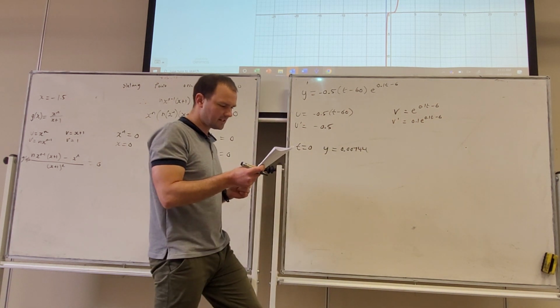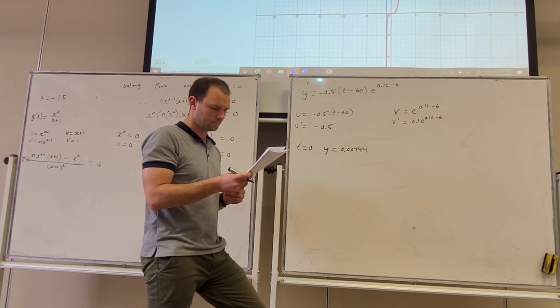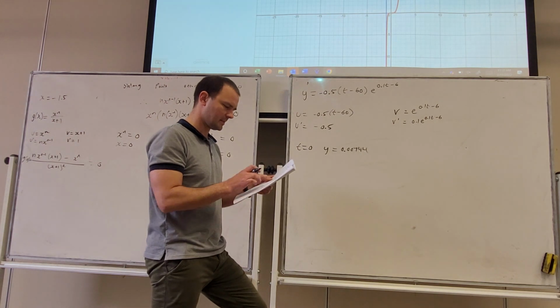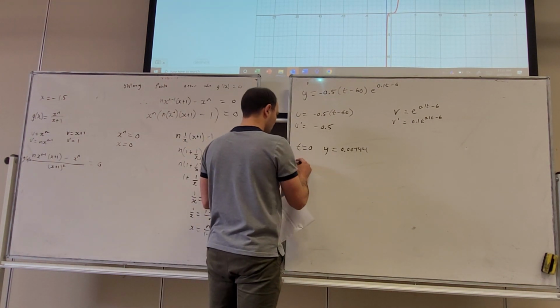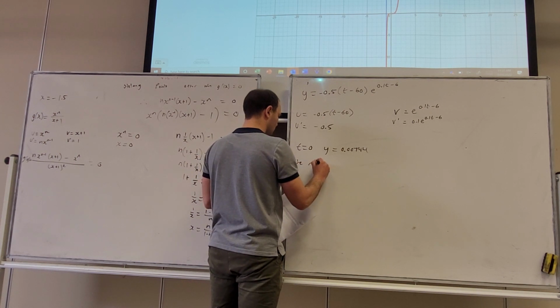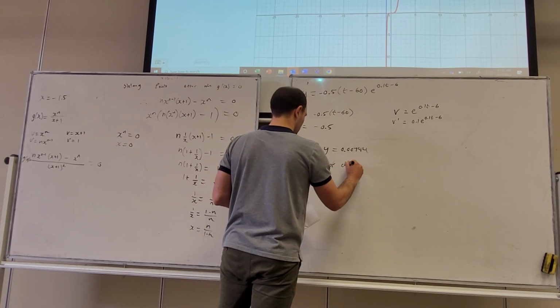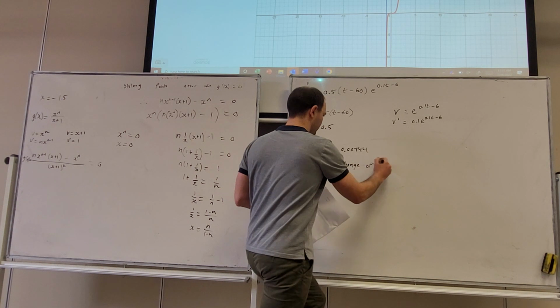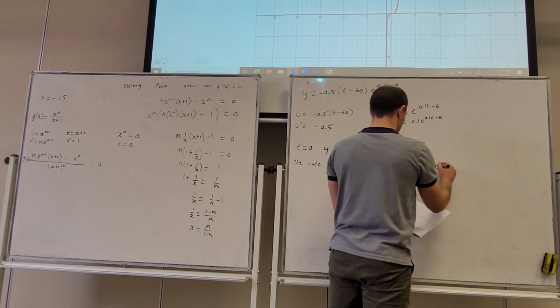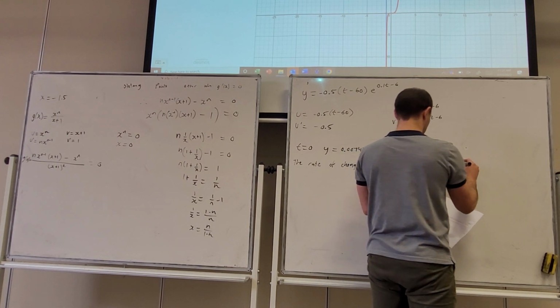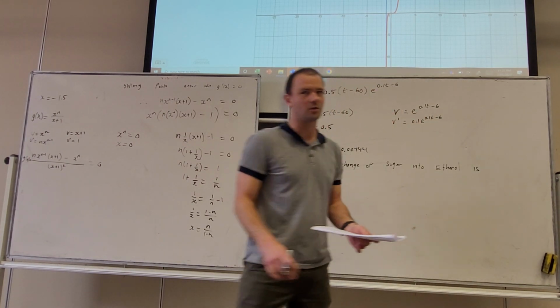All right, A is the percentage of ethanol in the liquid. So when time is 0, the rate of change of sugar into ethanol is, all right, so that's the context of it.